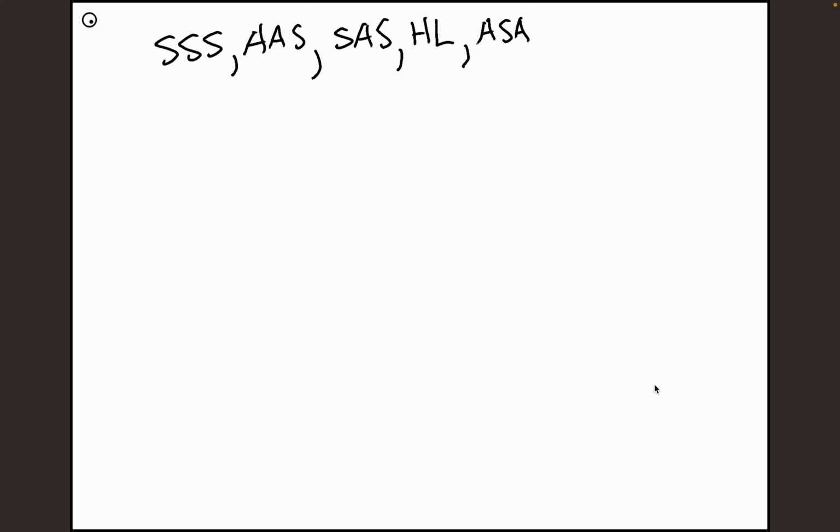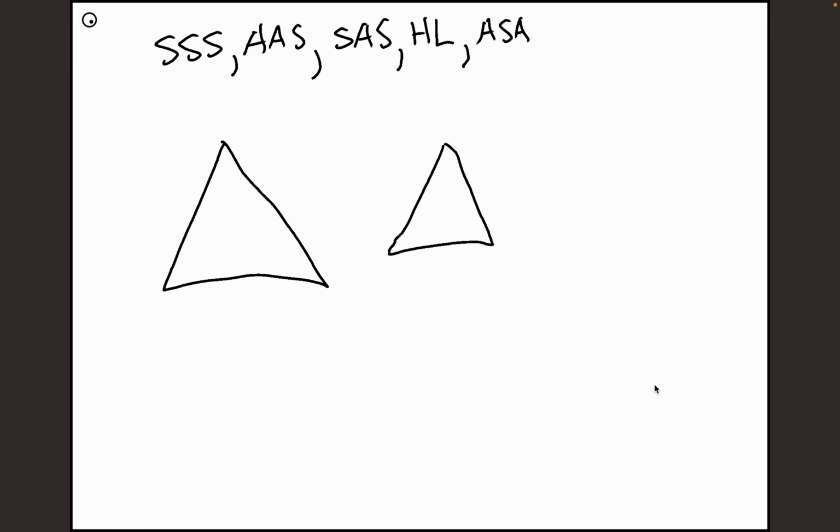Do we ever talk about angle, angle, angle? No. If we're given 2 triangles, and let's say all the angles are marked, can we prove that these 2 triangles are congruent?